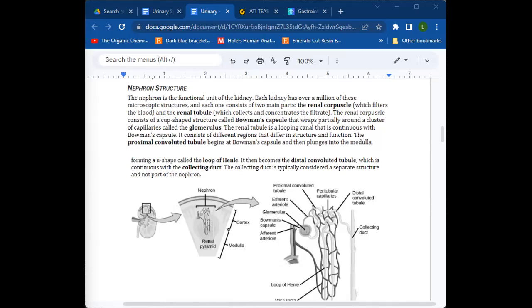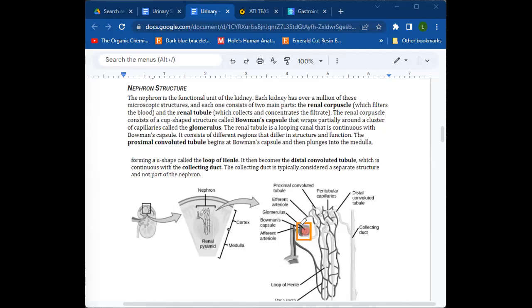The renal corpuscle, basically that is supposed to have two different parts to it. It has a Bowman's capsule and then also a glomerulus. Let me add that to the diagram. So this right here is the renal corpuscle, and it has the glomerulus in here.